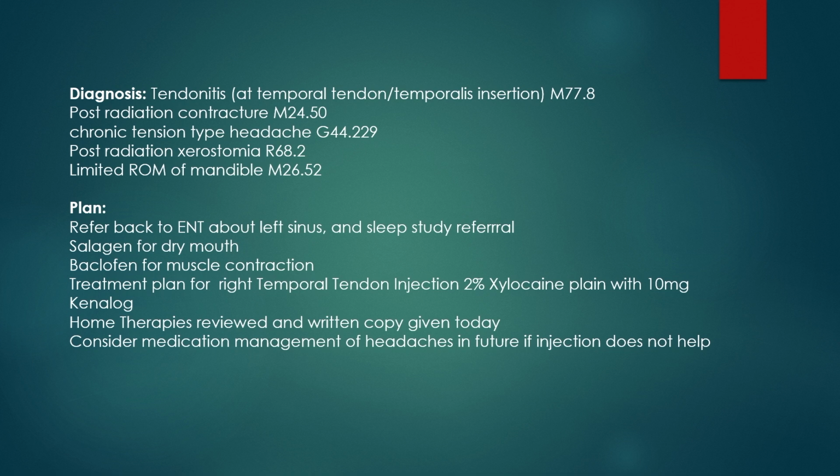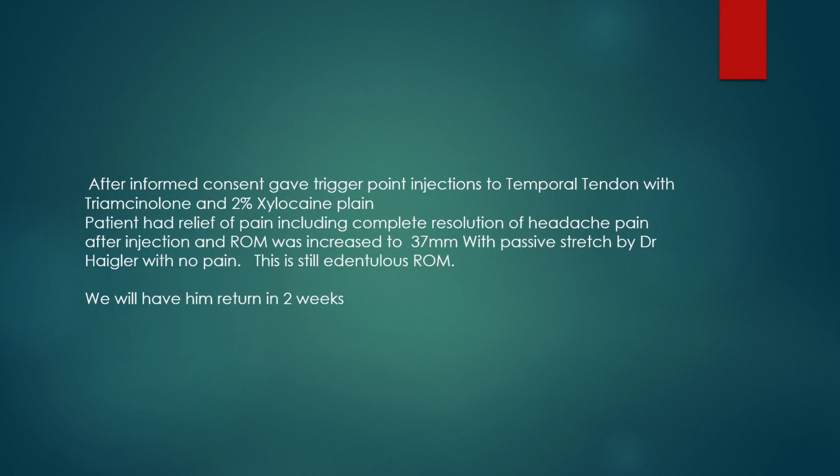at the insertion there. So what we ended up doing, I was also helping with a couple other things like Salagen for dry mouth and things like that. But I injected the temporal tendon with xylocaine and a little bit of Kenalog. And then what we noticed is that right after that, there was immediate relief of the headache.